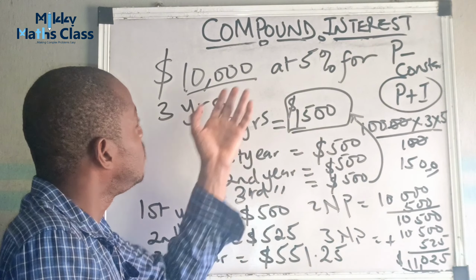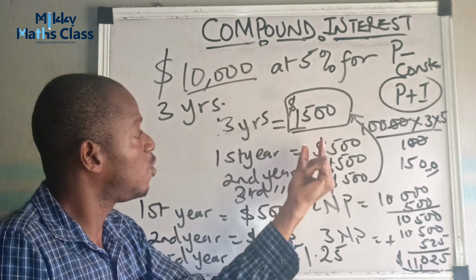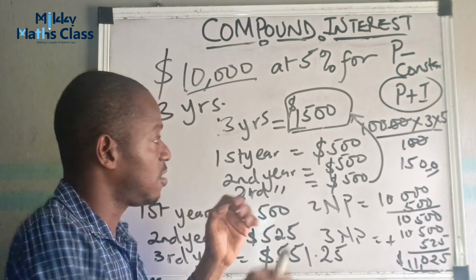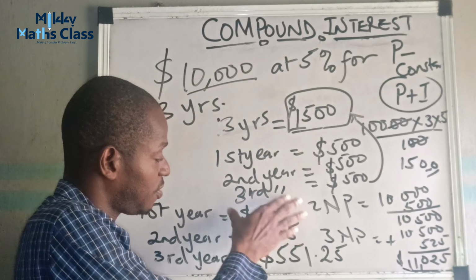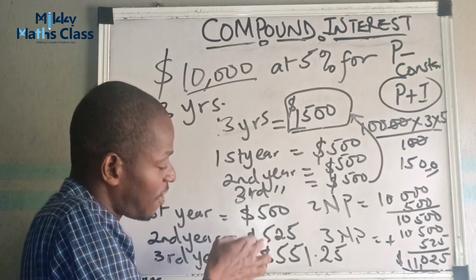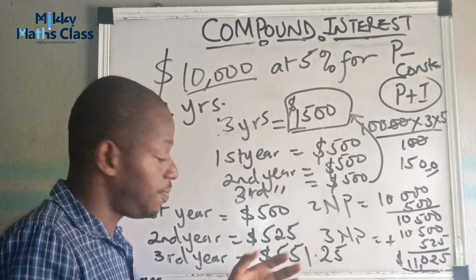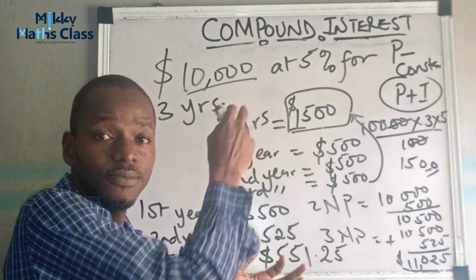For simple interest, it will only use $1,500, that's $500 each year. But for compound interest, you have a higher interest, 500, 525, 551, and the total compound interest will be higher than this.